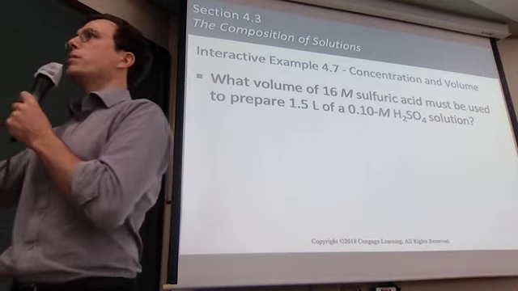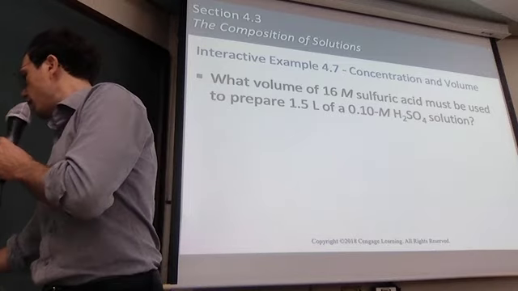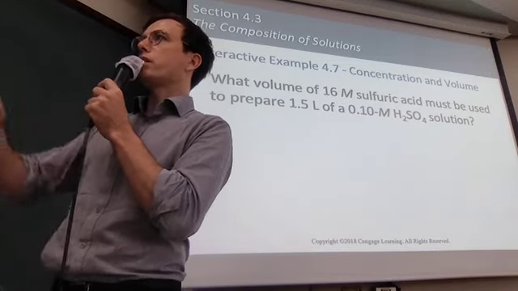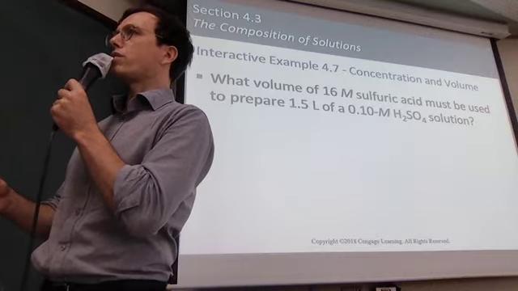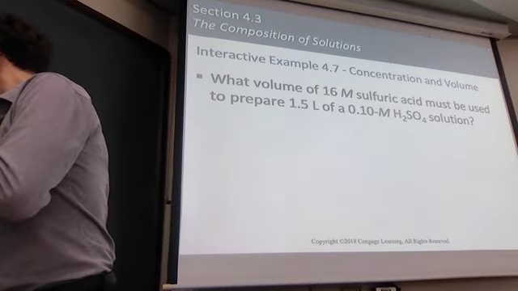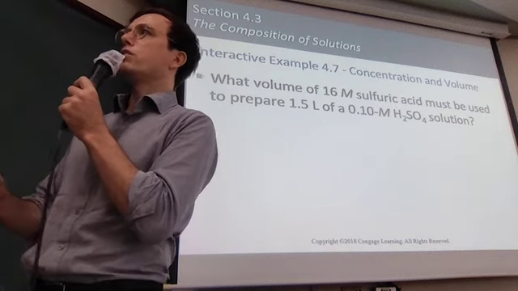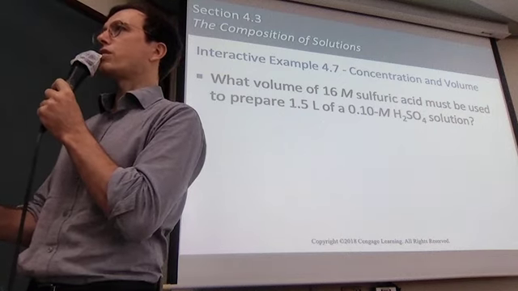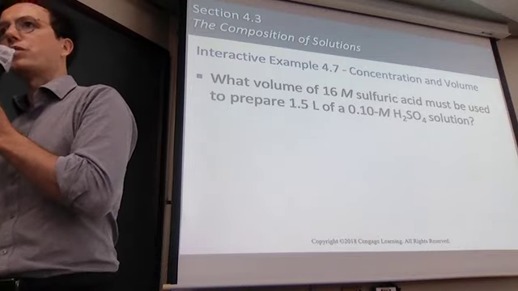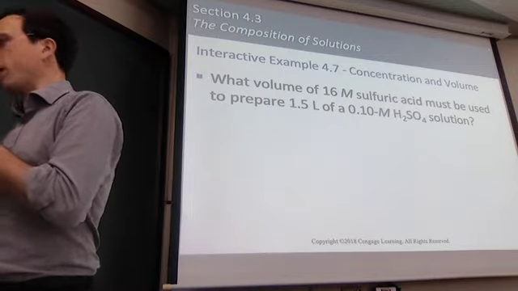This dilute volume is 1.5 liter. The final concentration is 0.1 molar. This is known. The concentrated is 16 molar. And this is the question mark, right? So we can just solve for this one, and then we have the answer.